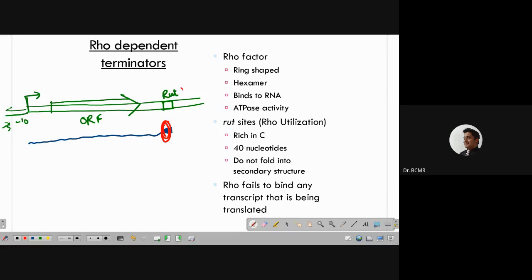Okay, so RNA polymerase is supposedly something like this, and the rho factor will dissociate the RNA from the RNA polymerase by using its ATPase activity. The RUT sites are usually rich in C, and they are about 40 bases in length. Okay, so termination can be in two pathways. I'll just quickly summarize: rho independent and rho dependent.